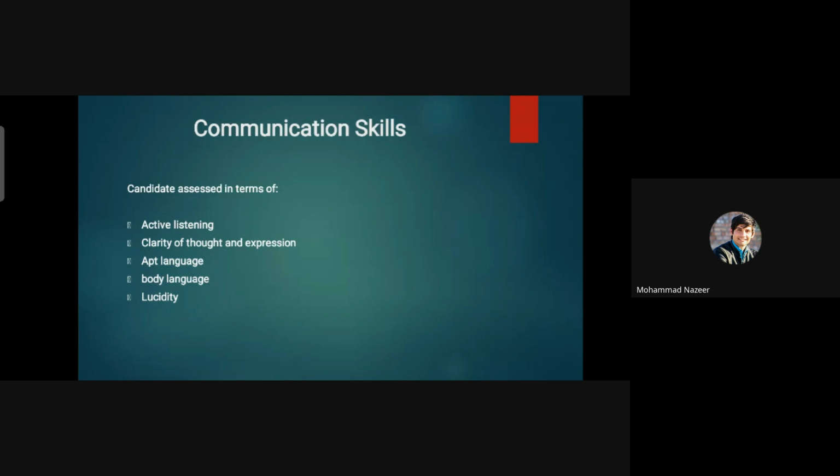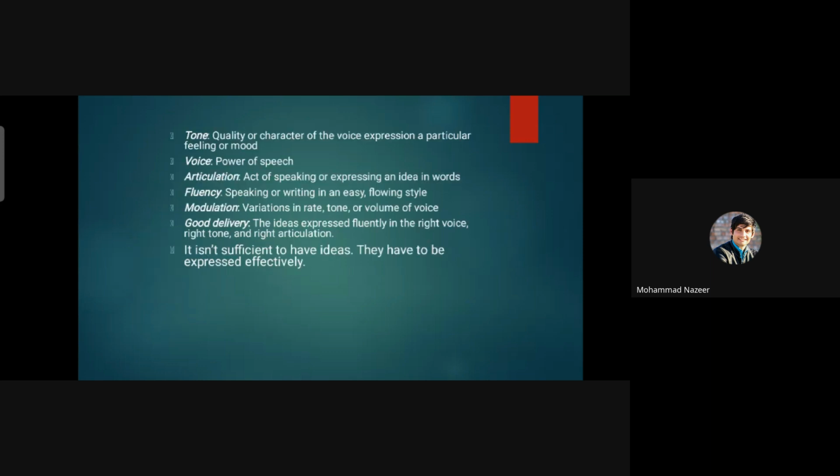You should be clear. Your body language should be proper. The lucidity of the language should be very clear and comprehensive. So these are some of the points which they have mentioned. The tone, what should be the voice, the power of speech. Power of speech means you should not be loud.